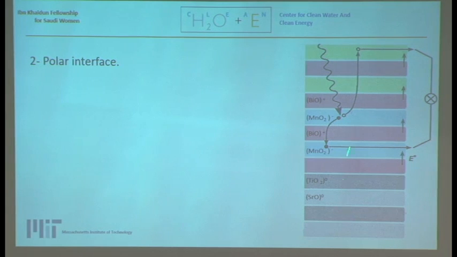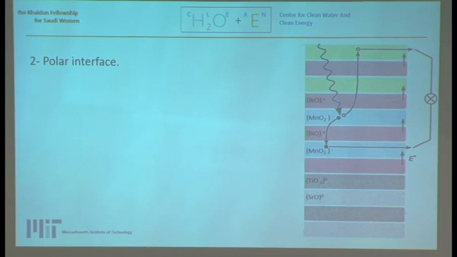This will induce an internal electric field between these layers. This electric field will help drive the charge carriers generated from the energy absorbed, help separate the charge carriers, and help to drive them for extraction.